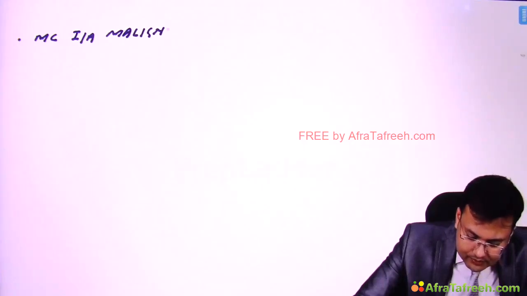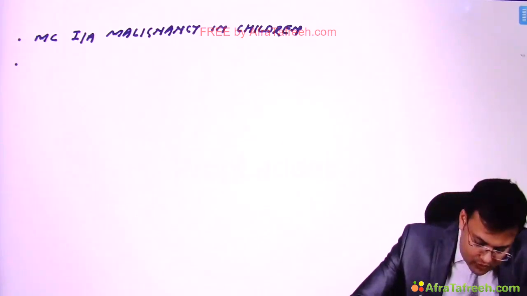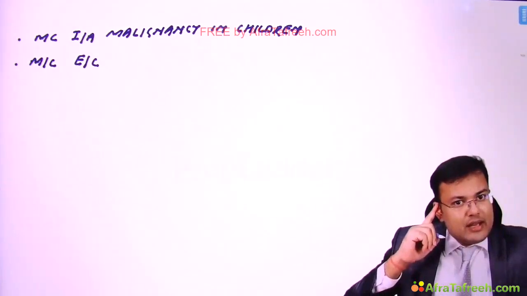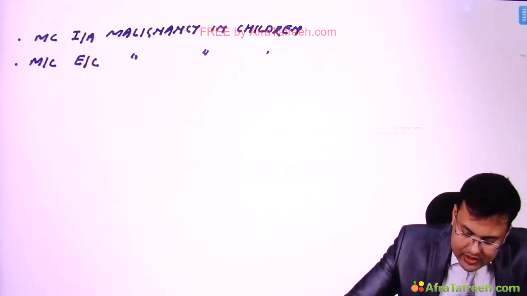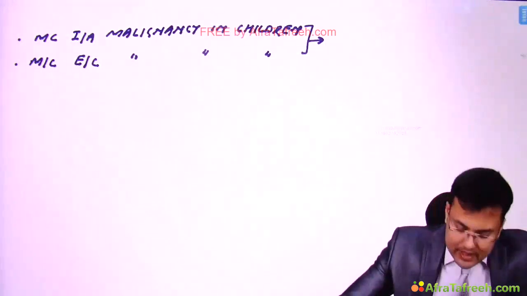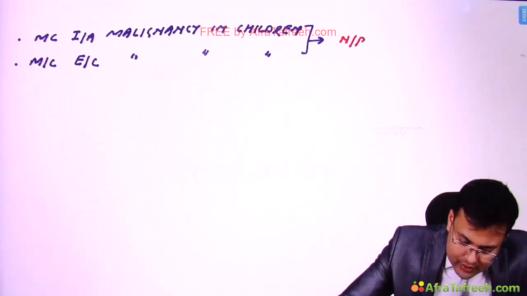So first, most common intra-abdominal malignancy in children. Okay, it's neuroblastoma. And most common extracranial, means outside cranial cavity, extracranial malignancy in children. For both of these questions the answer remains the same, and that's neuroblastoma.